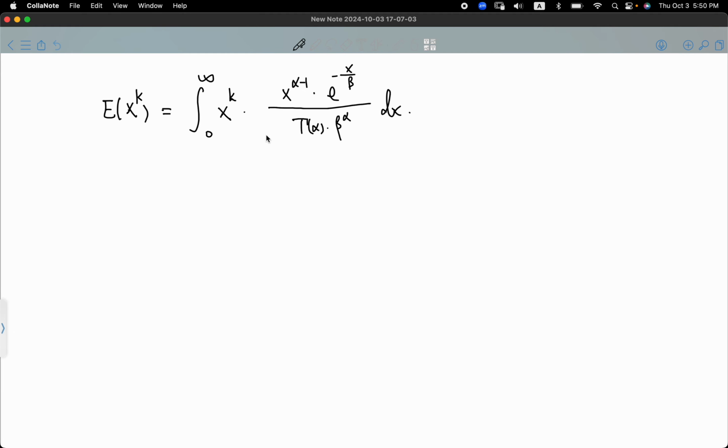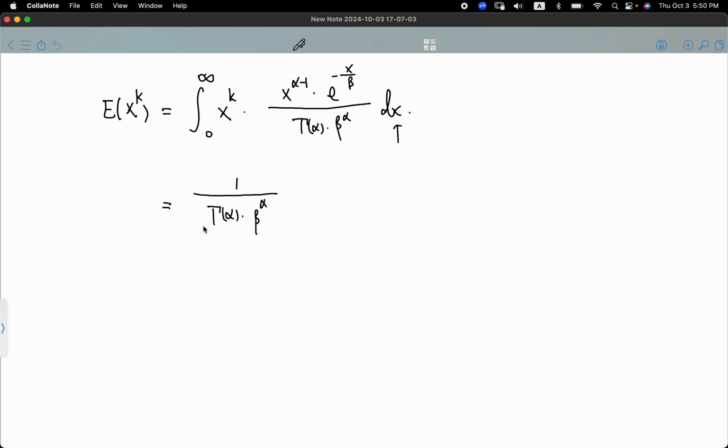So one thing we can do, as we have done every time, is bring whatever is not related to the random variable of interest outside the integral, because we are evaluating with respect to x. So we have the gamma function and beta raised to the power of alpha, and 1 over that.